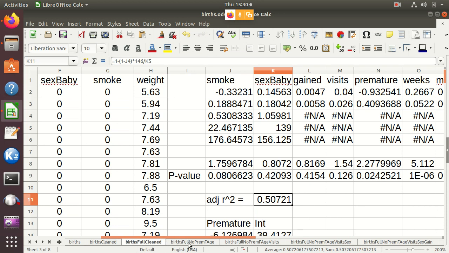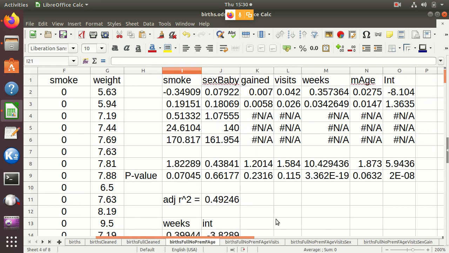Now, if I go to no father's age, no preemie column, and run this again, actually the adjusted R-squared goes down a little bit. Does that mean I should put the preemies back? Well, probably not. Adjusted R-squared is not everything, and it only went down from 0.50 to 0.49, not really much difference.